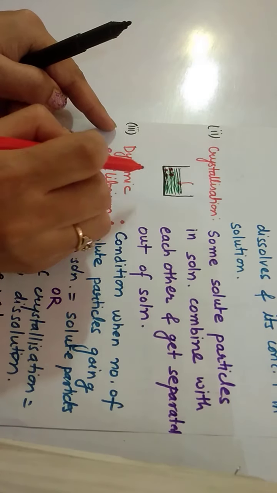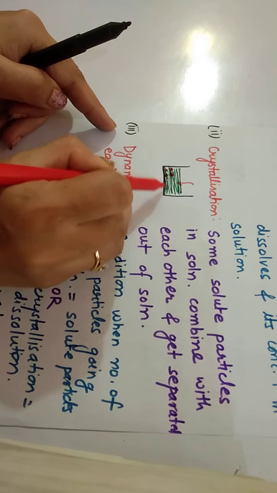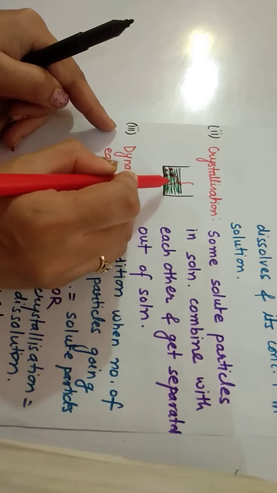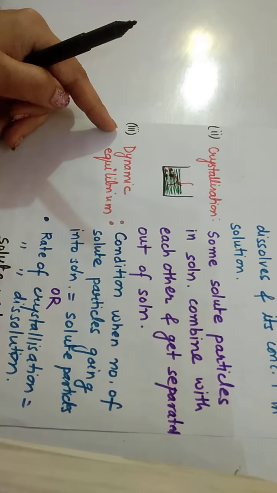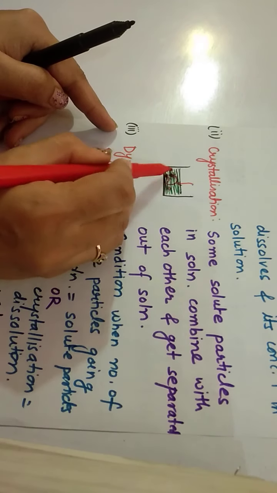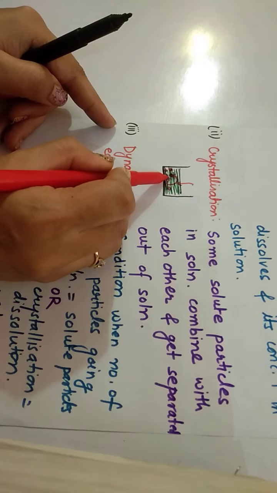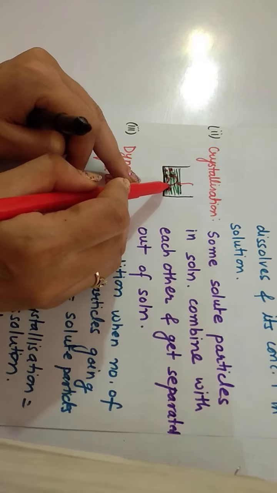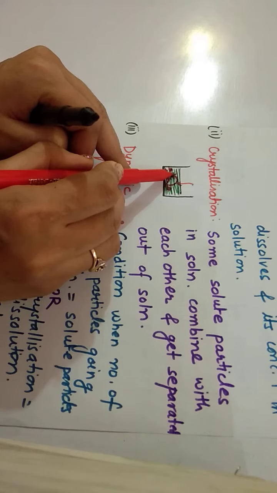But what exactly happens? The dissolved sugar in this saturated solution tends to move out of the solution and form crystals. The sugar particles which are added go and dissolve into the solution, and some particles from the solution come out and form crystals.